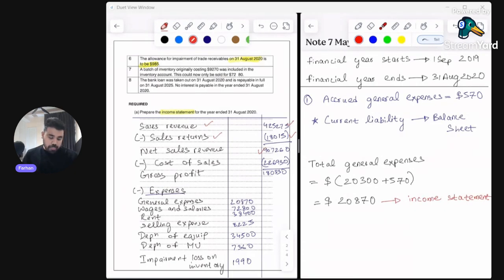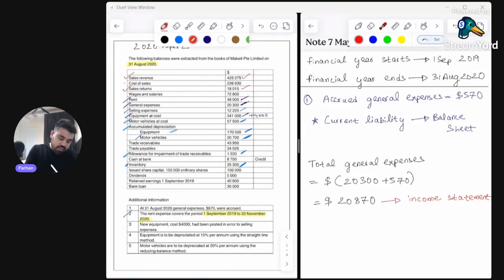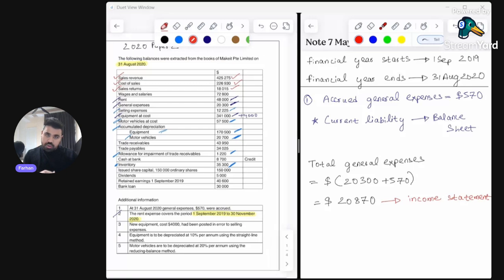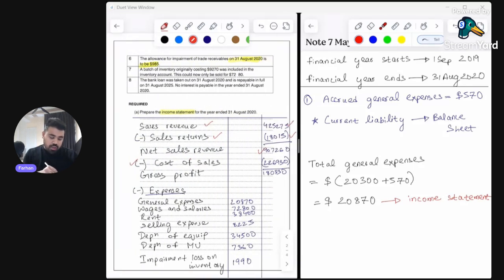All right. Next, after we've got the net sales revenue, we have to subtract the cost of goods sold, which is also the cost of sales. The cost of sales is given to us as 226,930, and as you can see, we are ticking it off as we have used it in our income statement. So net sales revenue of 407,260 minus cost of sales of 226,930.